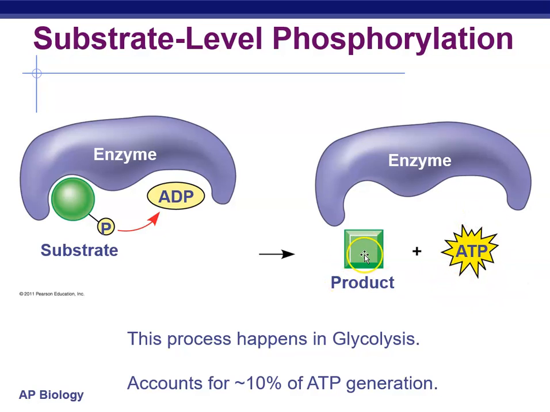So then you'll have one of those products of glycolysis and you'll have ATP. This does generate a very small amount, just a couple ATP. It's kind of inefficient, not like the electron transport chain, but it is capable of generating some when you really, really need it in a pinch.